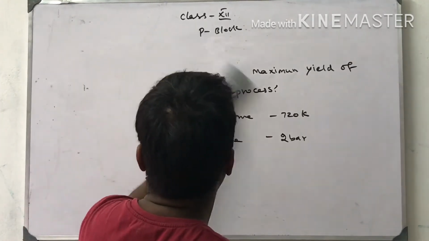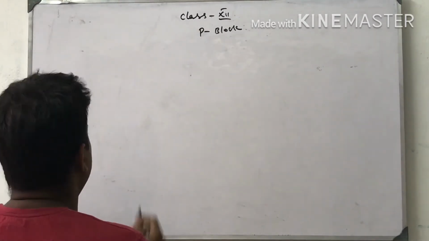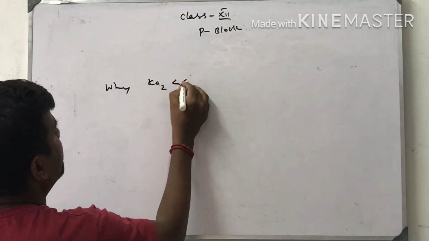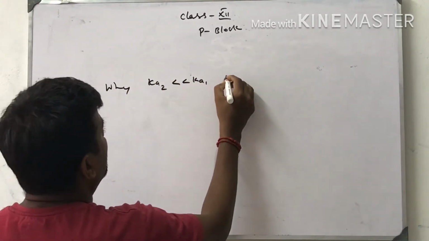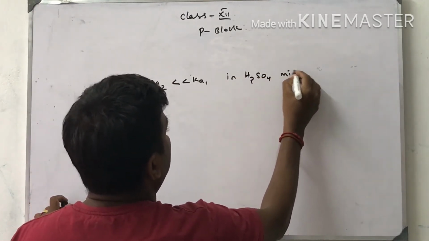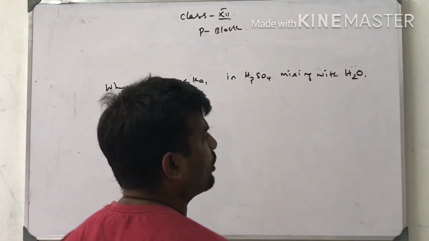Next question: why is the Ka2 value very much less than Ka1 when sulfuric acid is mixed with water? This is an important question.